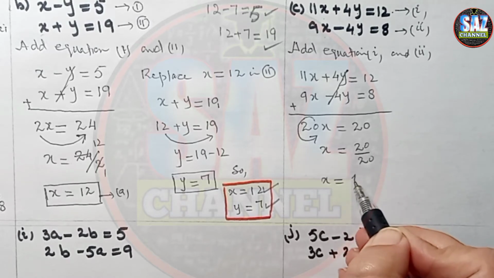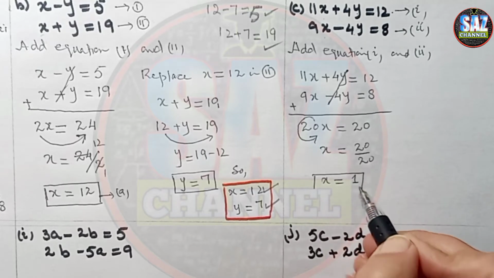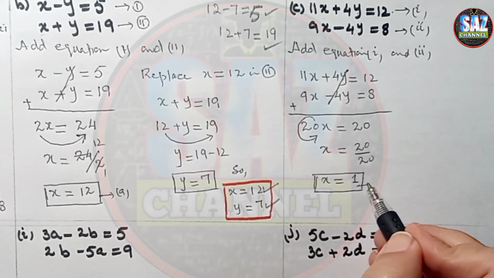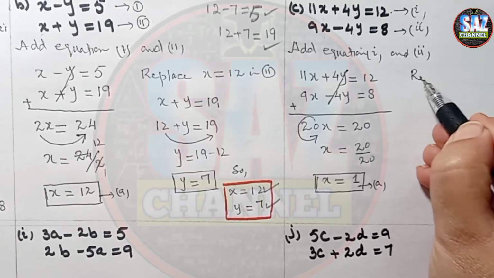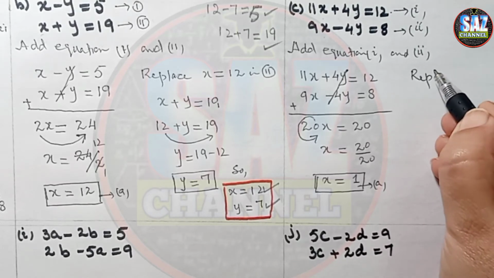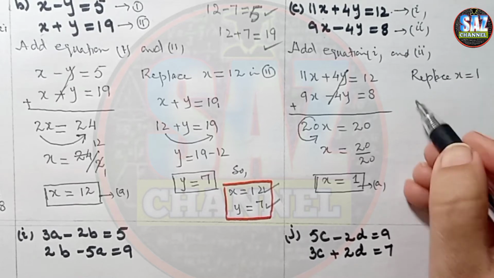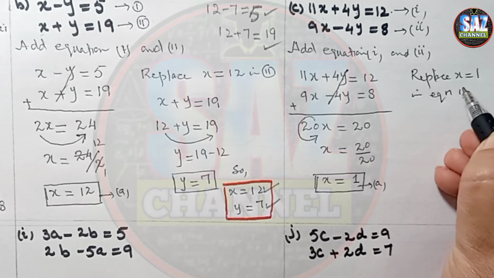x equals 1. Now what I have to do is replace this value of x in any one of the equations. Let it be a, b. Whatever you want, but you must mark some letter here. Replace x equals 1 in equation 1.